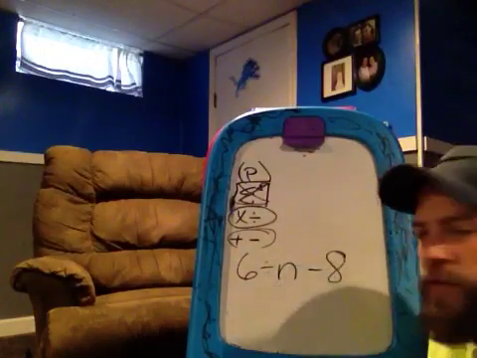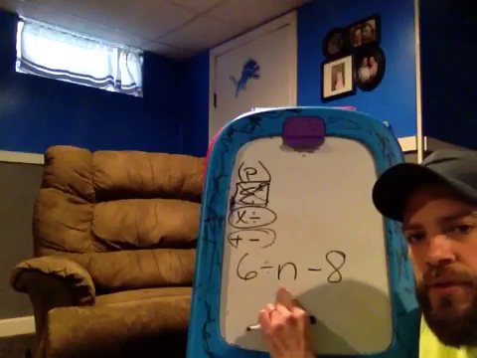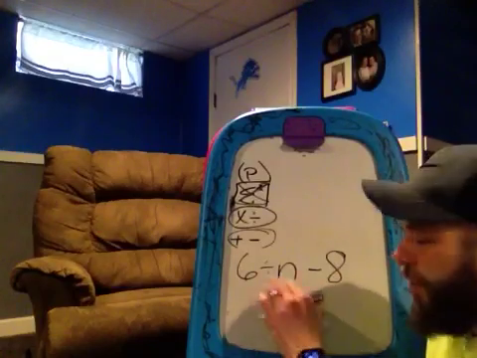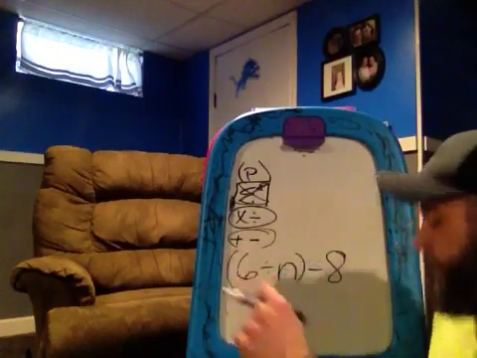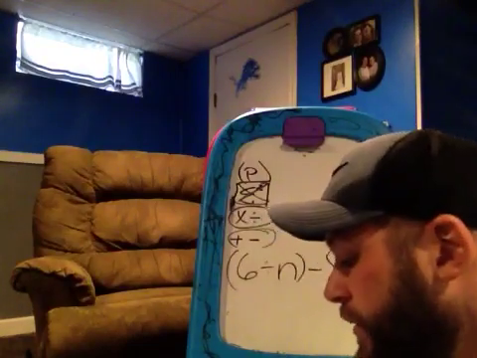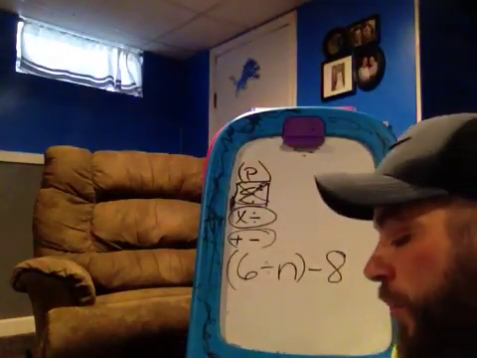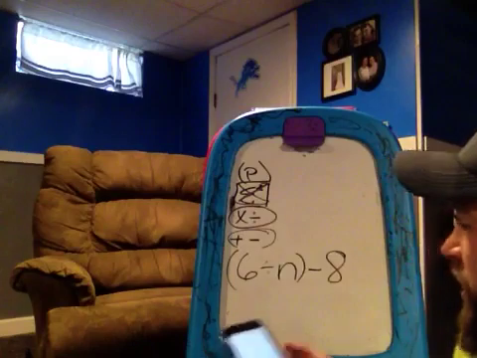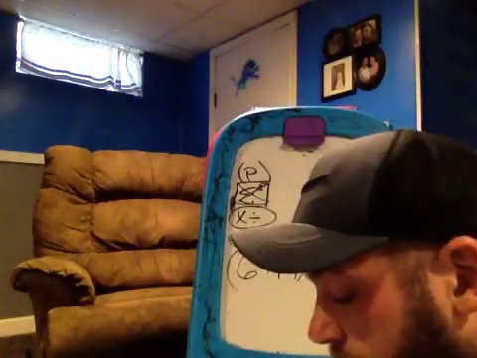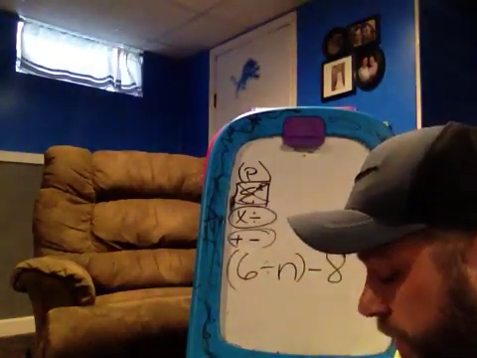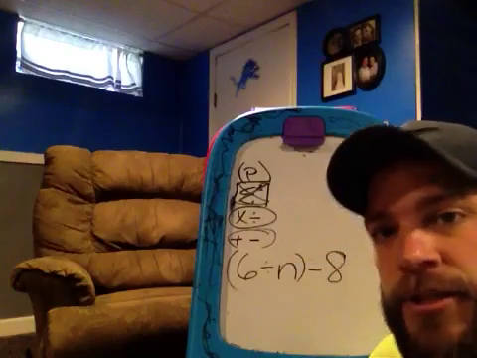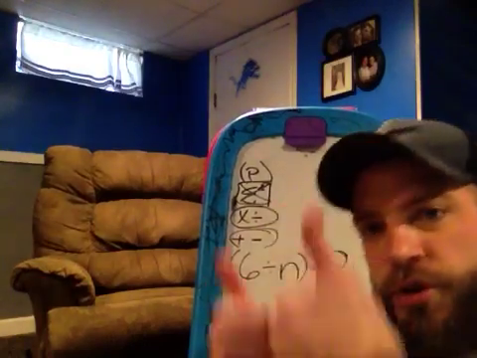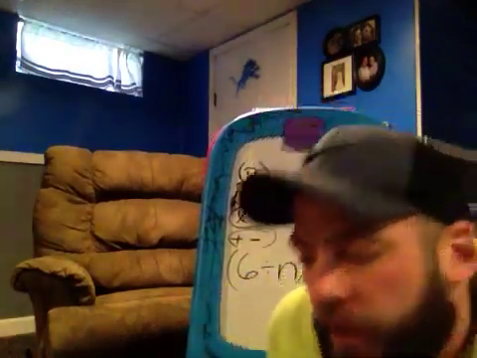Now, order of operations tells us we have to do this first, but it never hurts if you would like to put parentheses. Let's see what our multiple choice options are. Okay, they threw parentheses right there on C. So 6 divided by n, and then subtract 8, which is C. So 44 is C.